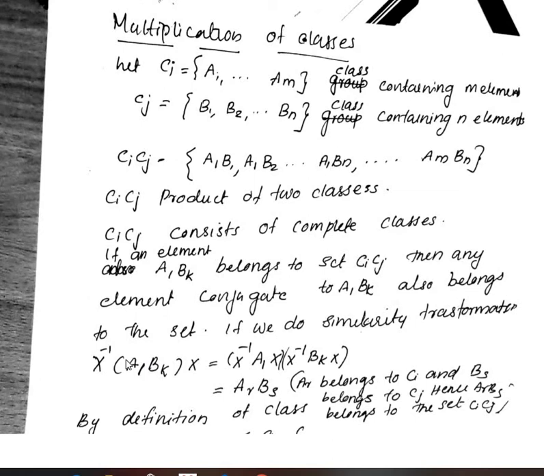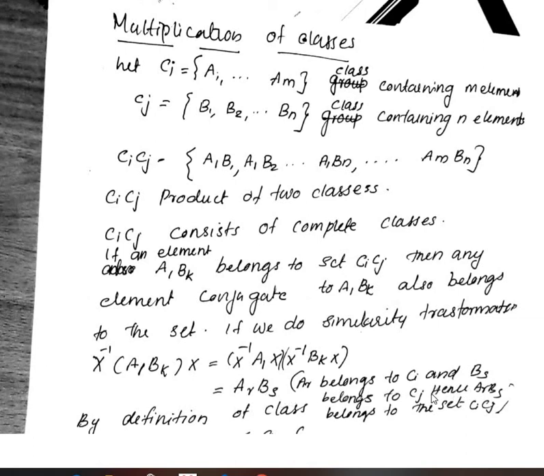If we do a similarity transformation, that is X inverse AlBk X, we can insert X inverse X equal to E, so X inverse Al X into X inverse Bk X. This is another element of the class Ci, suppose it is Ar, and X inverse Bk X is another element of Cj, let it be Bs.